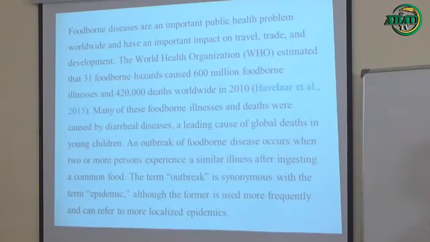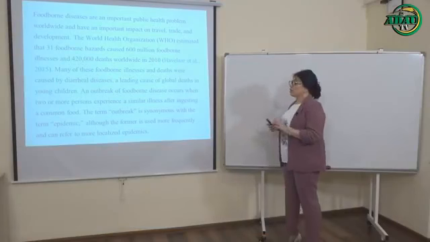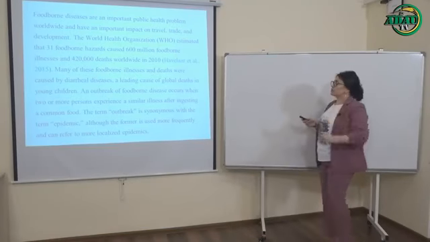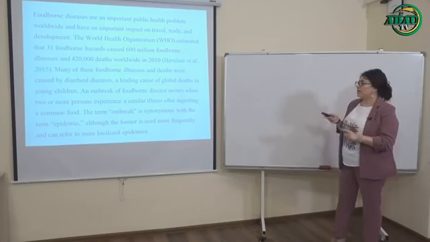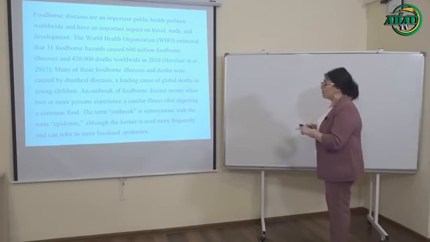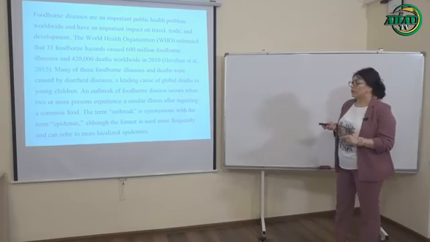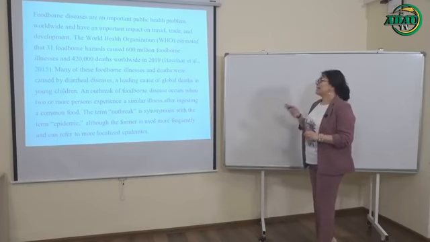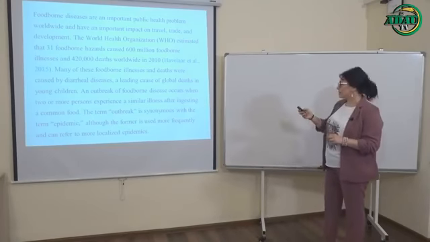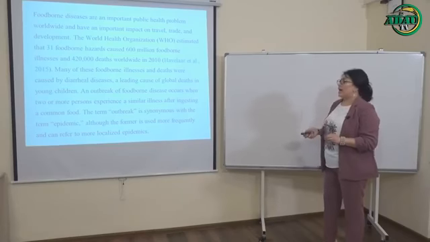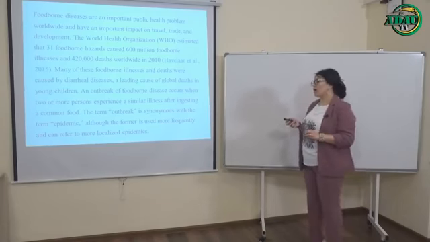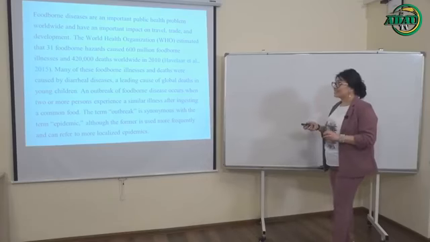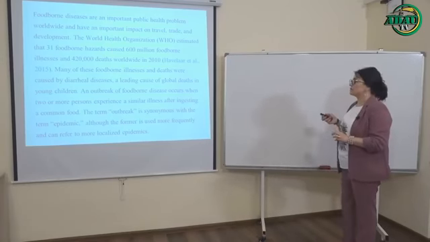And it is influencing everything: travel, trade, development, and first of all, of course, human health. So the World Health Organization estimated, I gave already this number, that 31 most important foodborne hazards can cause 600 million foodborne illnesses and 420,000 deaths worldwide in 2010.